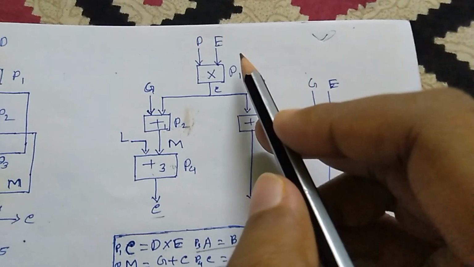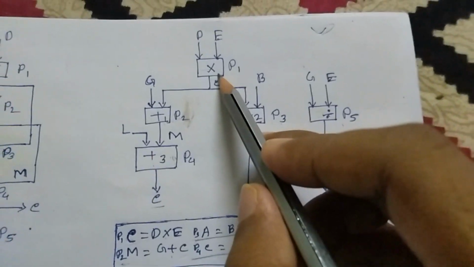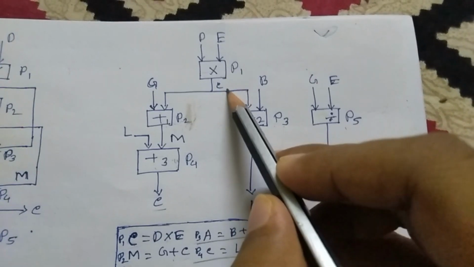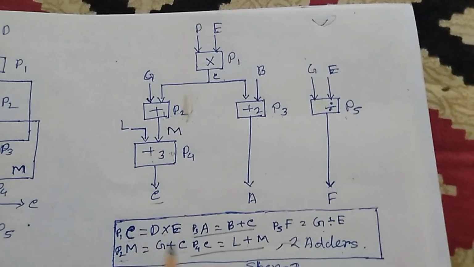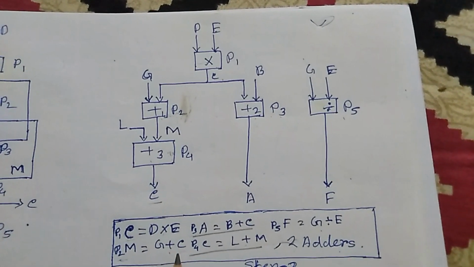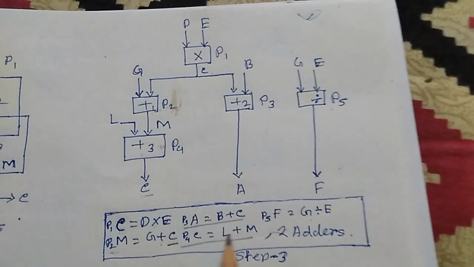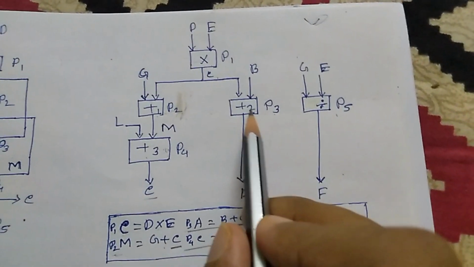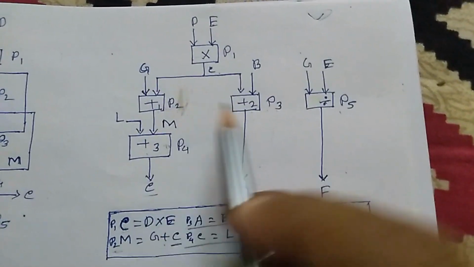Now P1 gets D and E, performs the multiplication process and generates the output C, and that C output is used as input in P2 and P3. So we divide it into two parts.